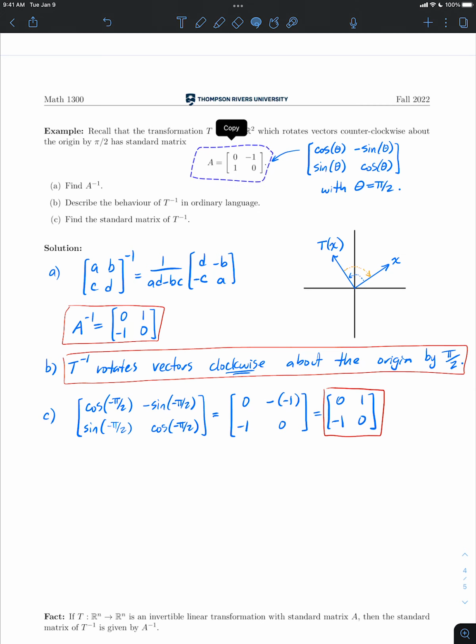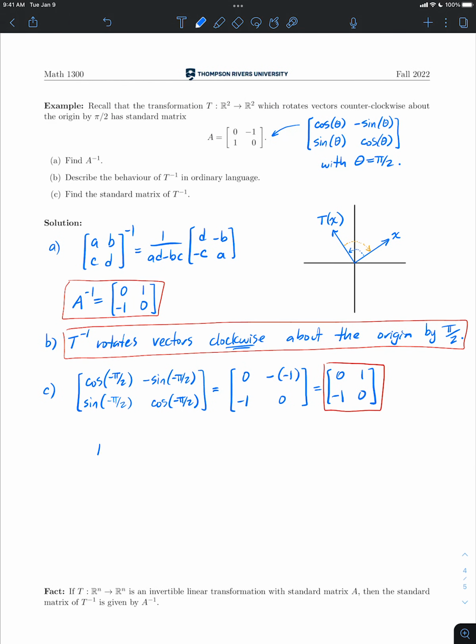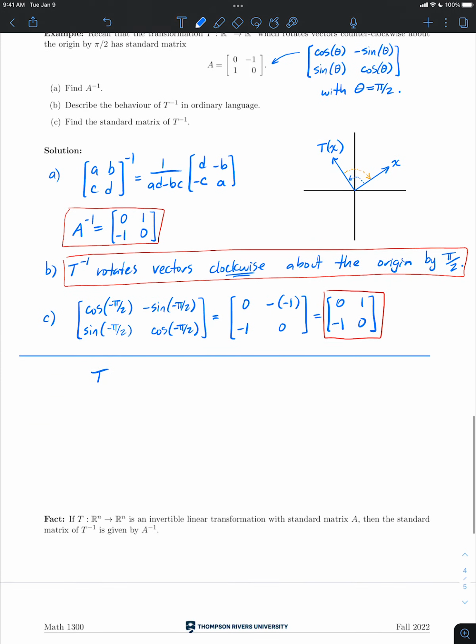Okay, and it may help to think this way in terms of this diagram. Let me just draw a line here. I find this diagram helpful. So a transformation T corresponds to a standard matrix, right?